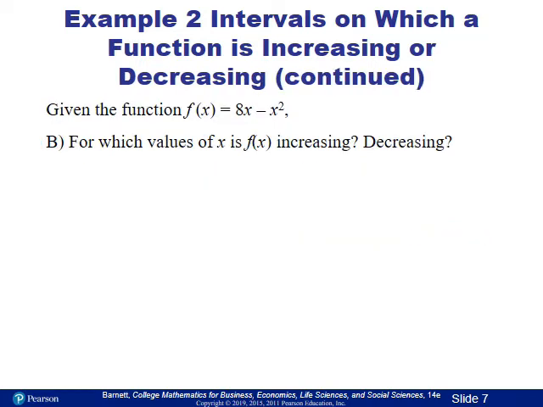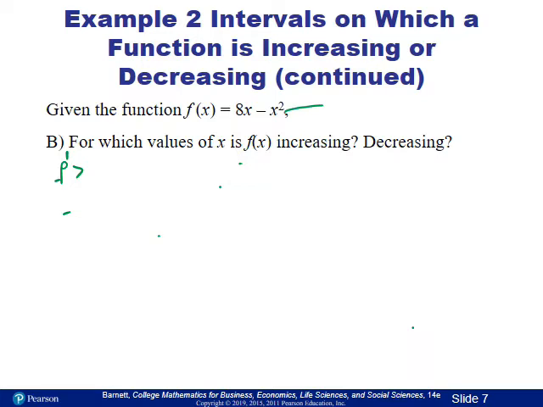For which values of x is the function increasing or decreasing? We have discussed before that if f dash is greater than 0, then the function will increase, and if f dash is less than 0, the function will decrease. So f dash of x of this function is 8 minus 2x.